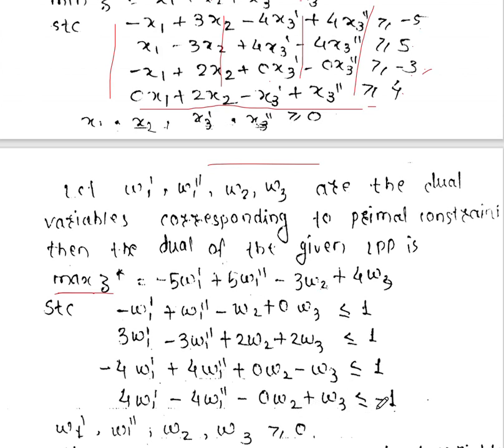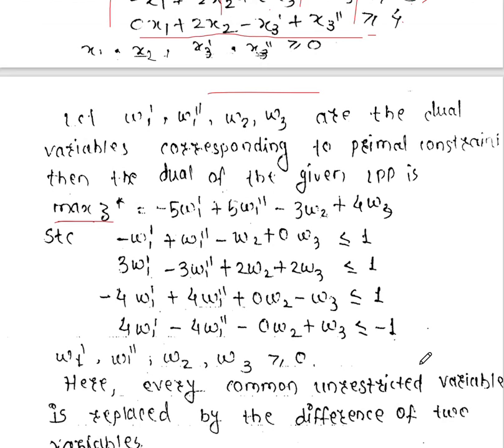Here w1 dash, w1 double dash, w2, w3 are greater than or equal to 0. These are the dual variables. So this is the dual problem of the given primal problem.